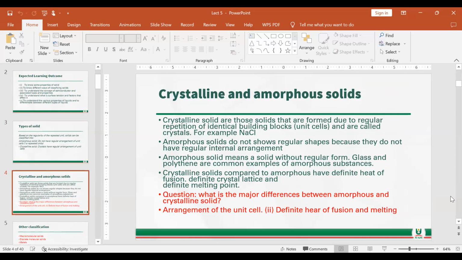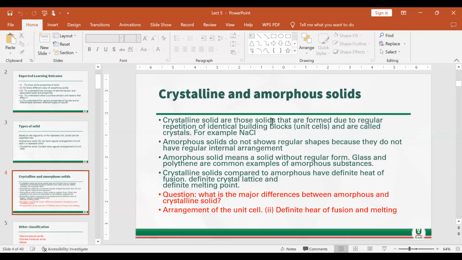So crystalline solids are those solids that are formed due to regular repetition of an identical building block. That building block is what we call a unit cell, and they are called crystals. For example, sodium chloride. Amorphous solids do not show regular shape because they do not have regular internal arrangement of the unit cell.